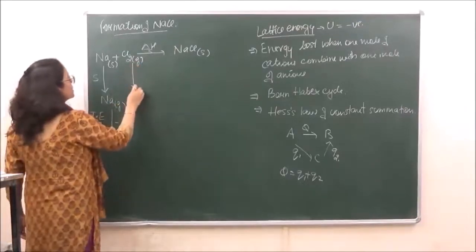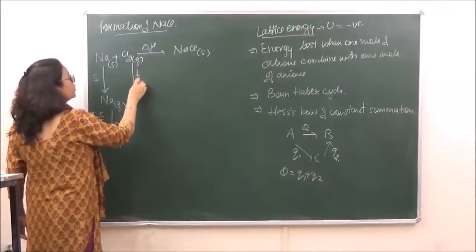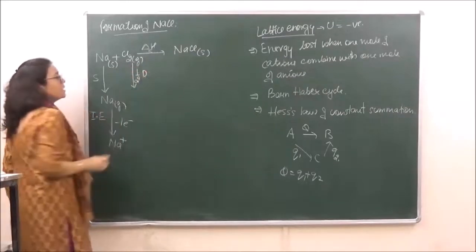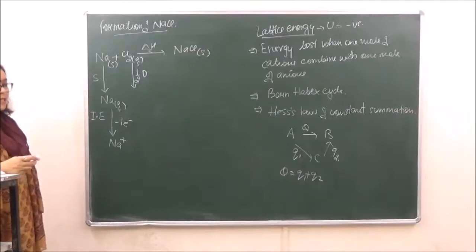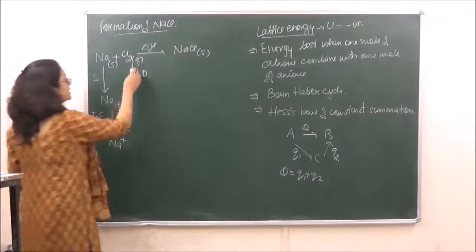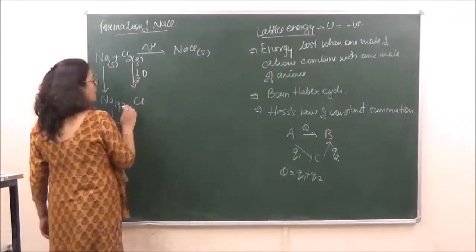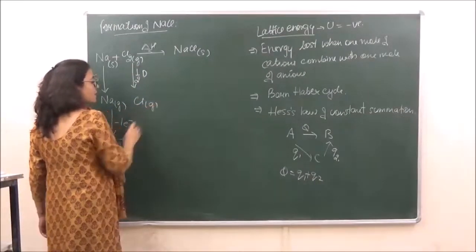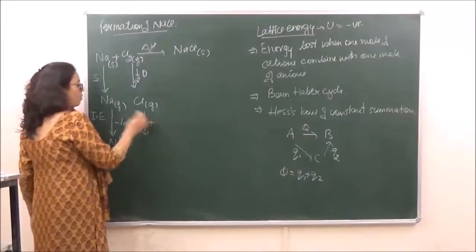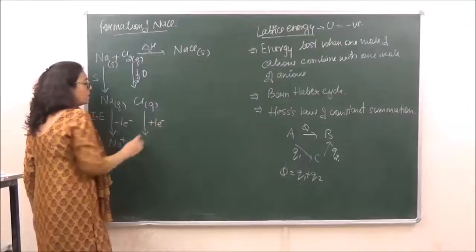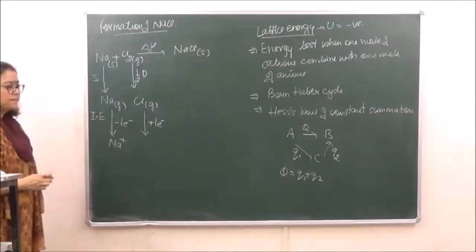Similarly, chlorine first gets dissociated into its respective atoms. So the energy required over here is the energy of dissociation, energy of atomization. Okay? Then this is converted into the atomic state Cl gaseous. In order to convert it into an anion, we add one electron. Okay?